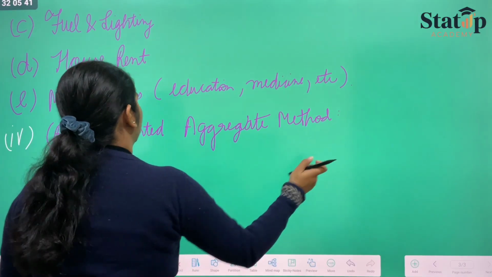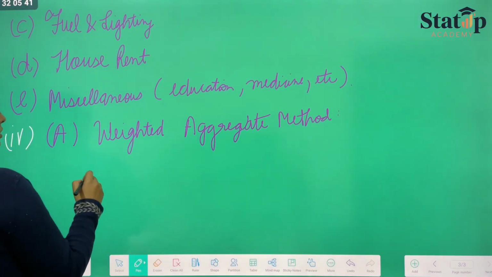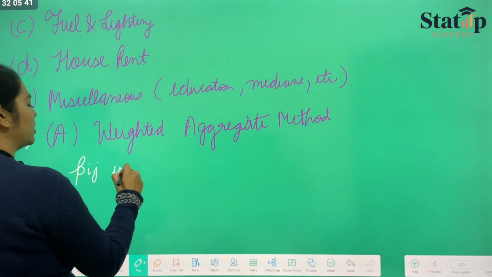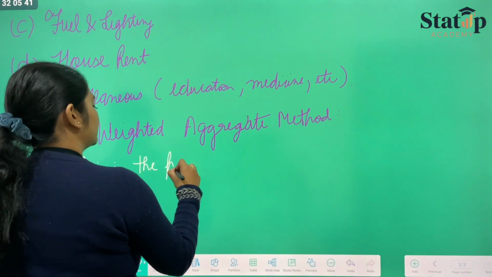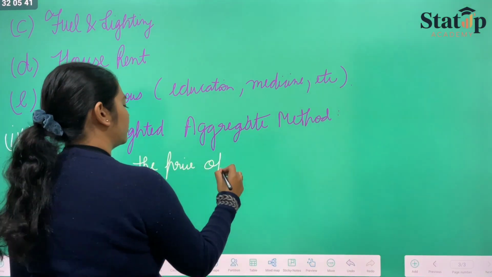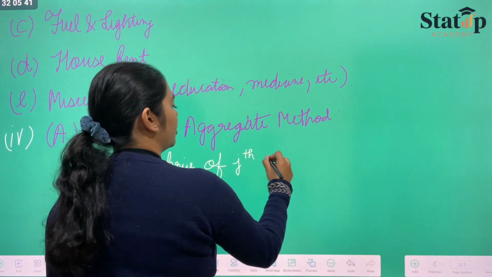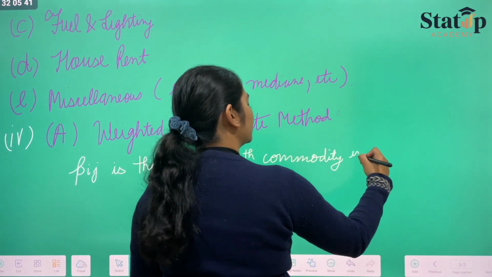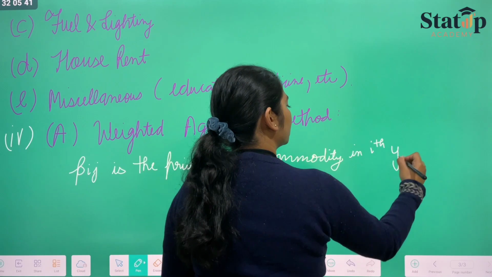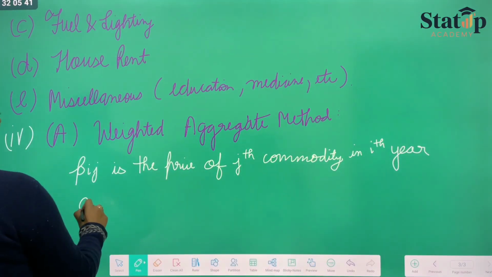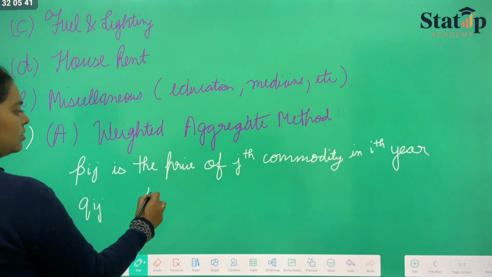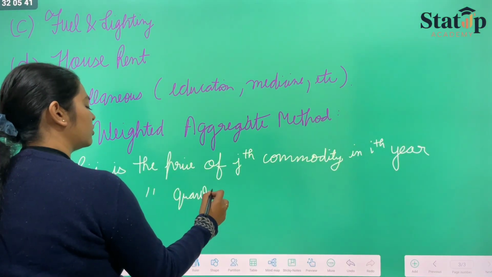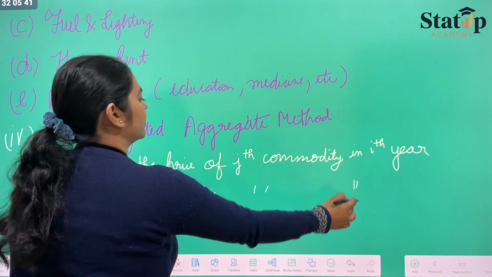For the weighted aggregate method, the formula is: suppose Pij is the price of the jth commodity in the ith year, and Qij is the quantity of the jth commodity in the ith year.